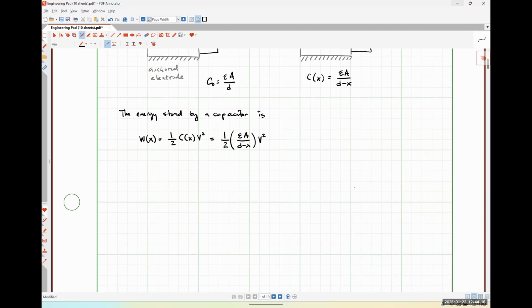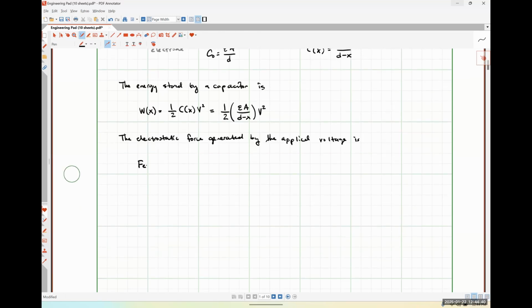So I can say that my electrostatic force generated by the applied voltage is going to be Fe, and that is going to be the absolute value of the derivative of the energy with respect to displacement, or 1/2 times the derivative of capacitance with respect to displacement times the voltage squared.